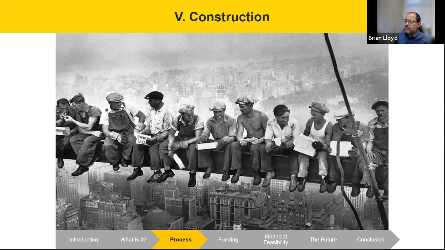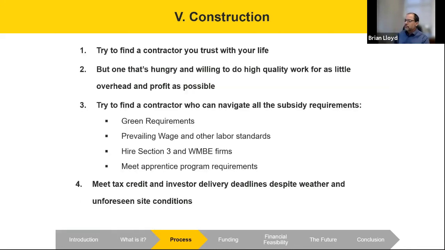All right, and then on to the reason that we all do this, construction, actually producing the product, either constructing a new building or renovating an existing building. So in terms of construction, it's where the rubber hits the road, if you will, because probably about 65 to 75% of your total project budget is tied up in the construction line item.